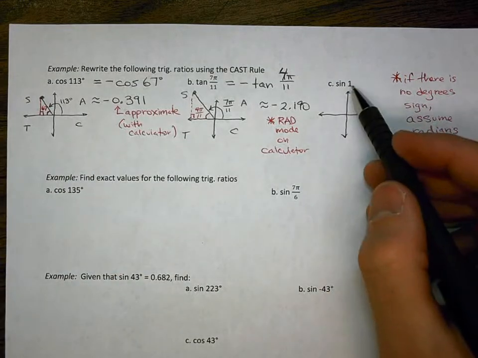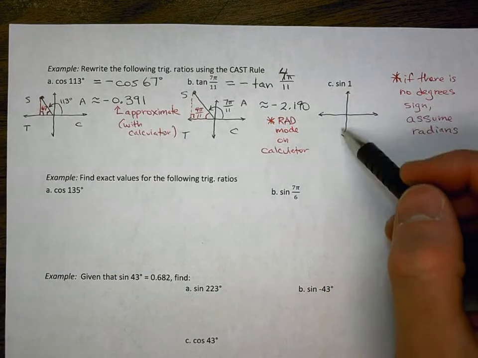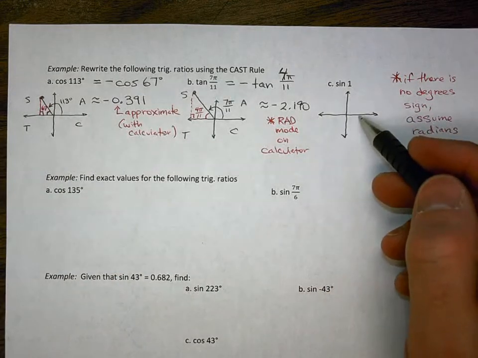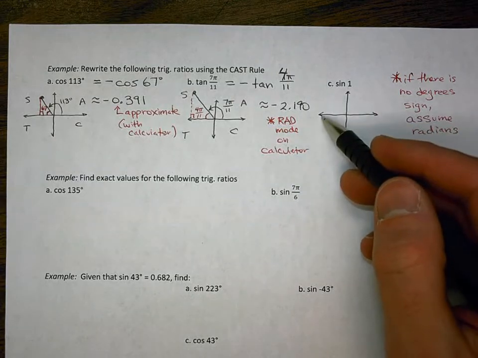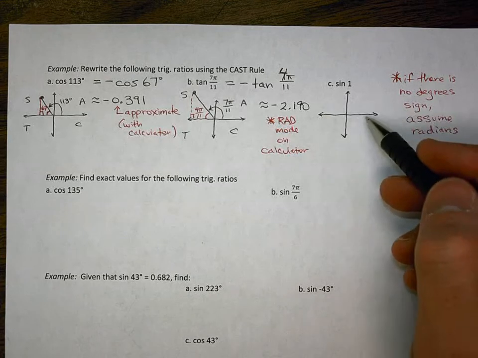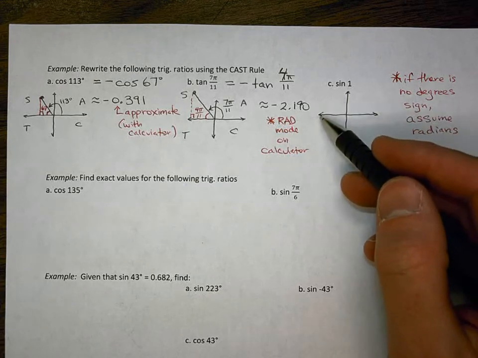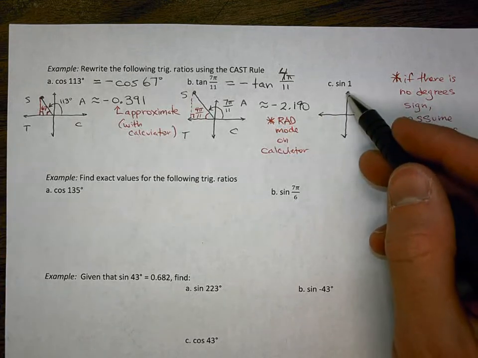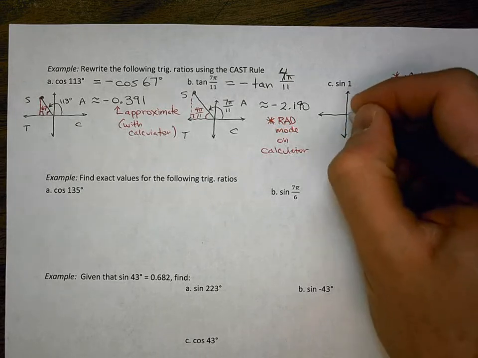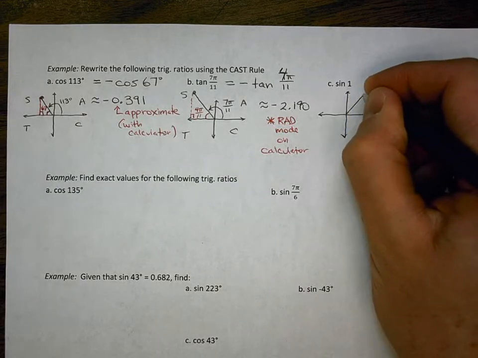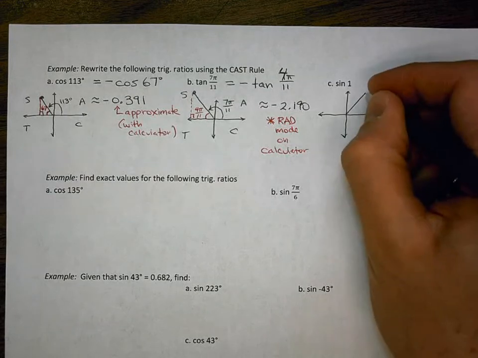So what does 1 radian look like? Remember, pi radians is 180 degrees. Pi is 3.14, so 3.14 radians is half a circle. So this is about 1.5, and 1 radian is somewhere here. If you remember from the radian lesson, it's about 57 degrees.